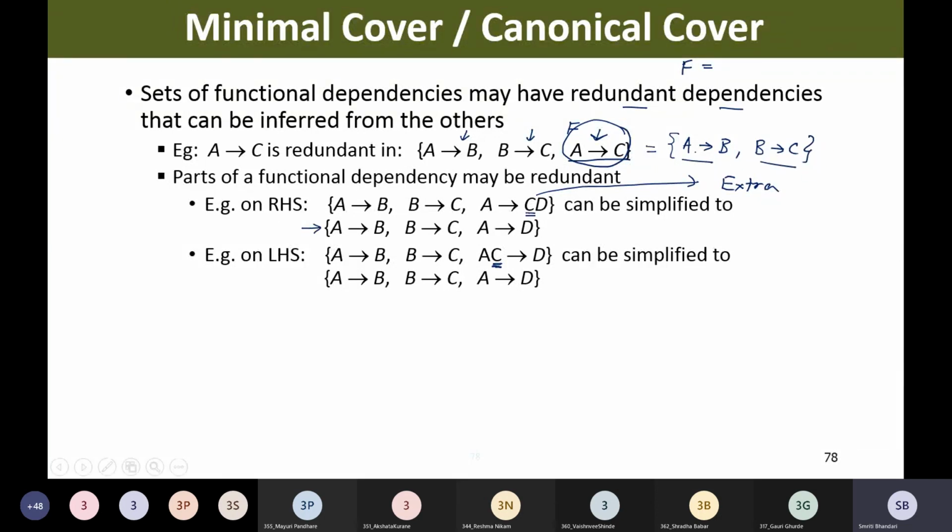And why do we require such a minimal set? While testing the violation of functional dependencies, if I am testing the minimum number of functional dependencies, it would be less expensive. Rather than testing 3 dependencies, if I am testing 2, then obviously it is meaningful. That is the reason why we are computing the minimal cover or the canonical cover of the set of functional dependencies.